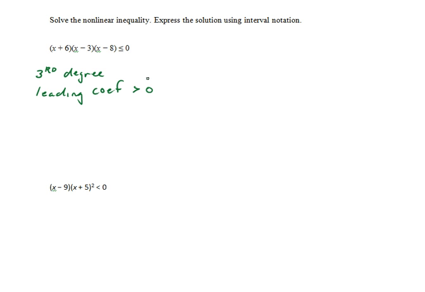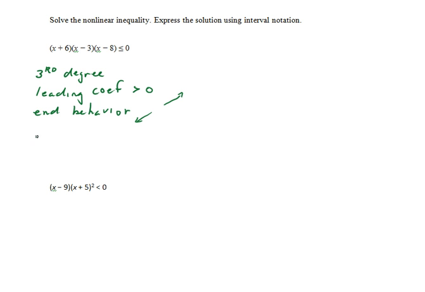So we know the end behavior is going to be similar to y equals x. It's going to go to positive infinity when x goes to positive infinity and negative infinity when x goes to negative infinity.